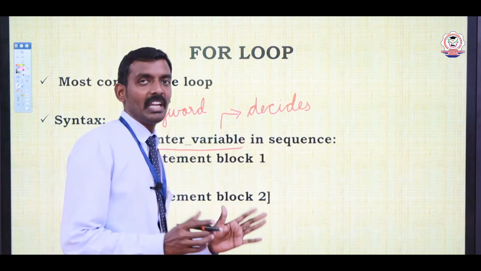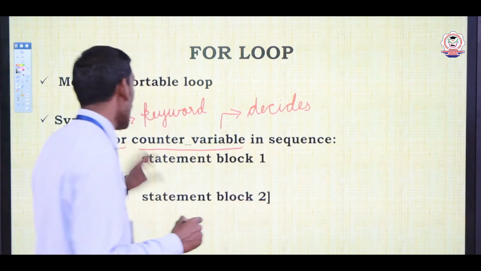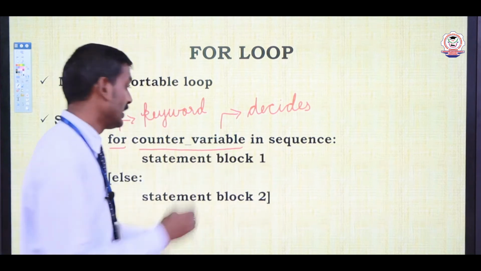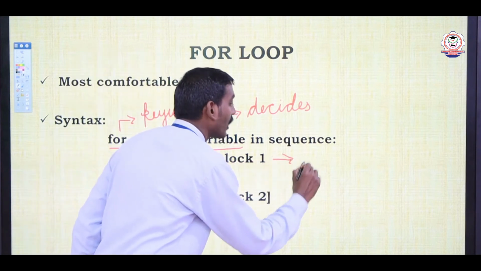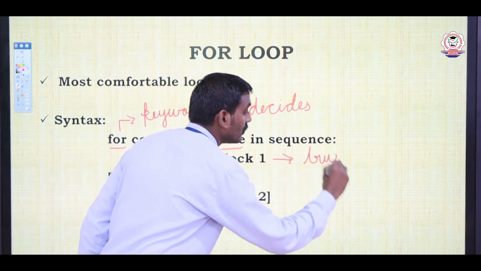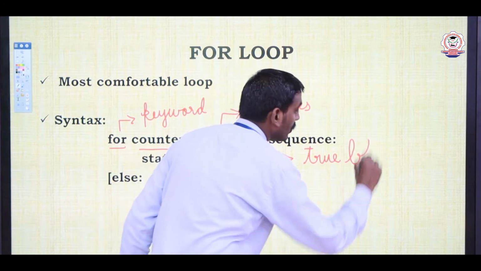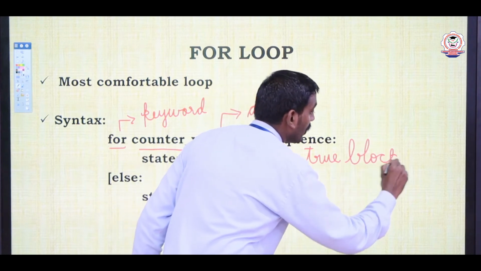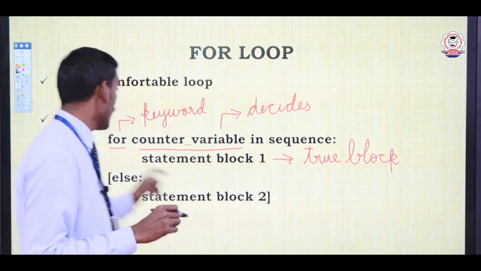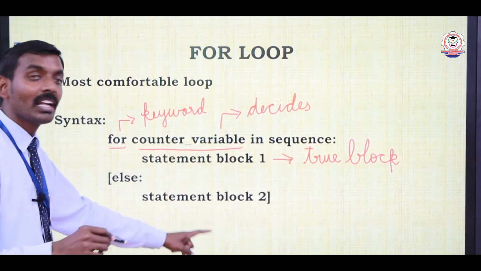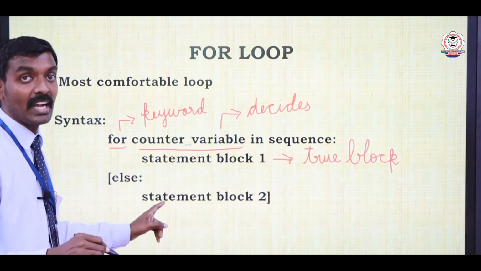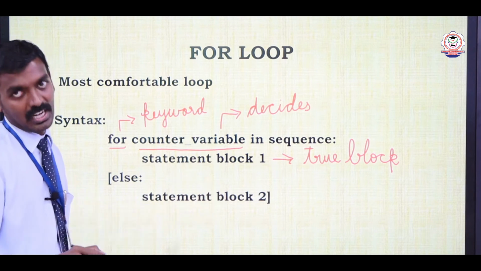In sequence means the range function. And this is the statement block 1. This is the true block. And next, this is the else part. The else part is optional, that is the false block.